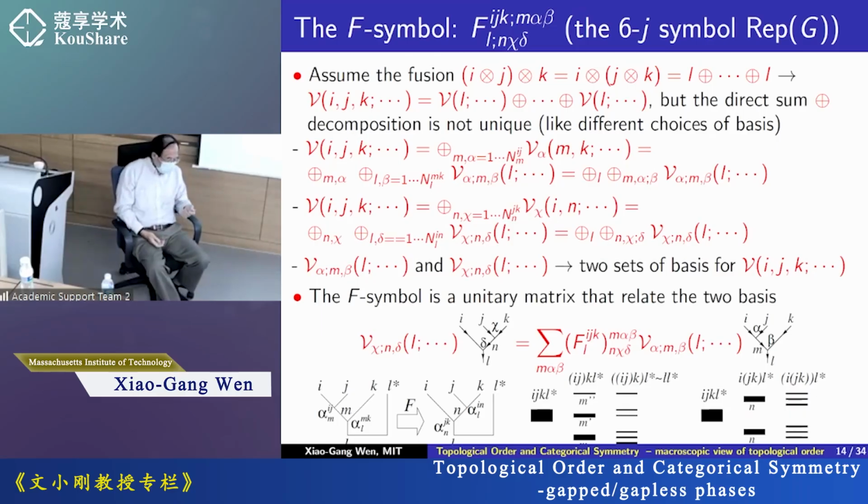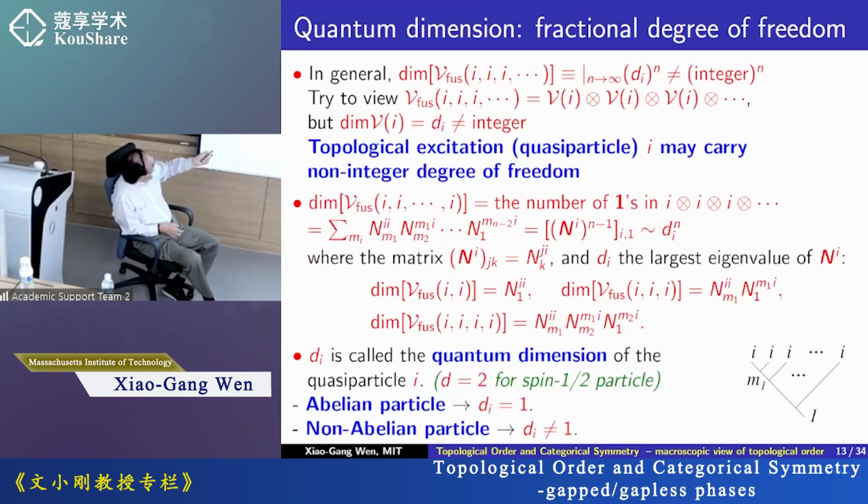And remember that for our particles, the fusion space is given by those particles i, j, k. So you can view this fusion space as individual vector spaces tensored together.